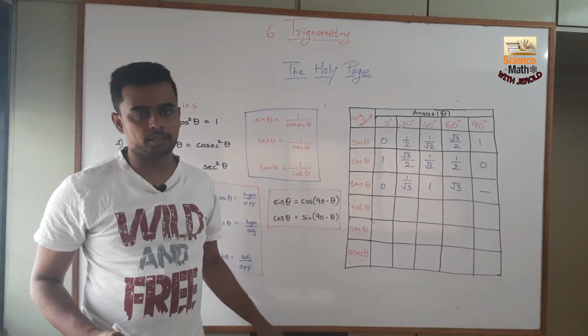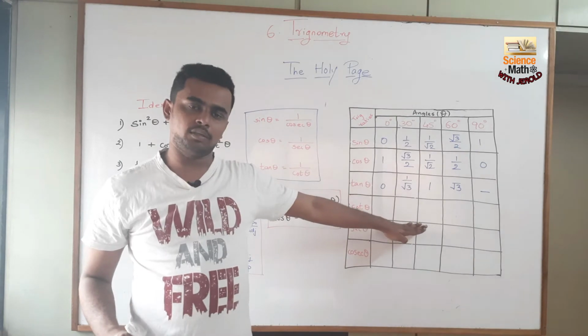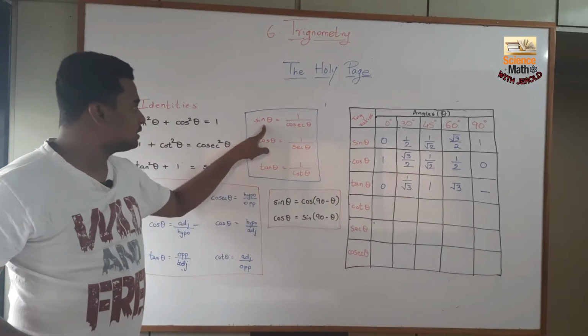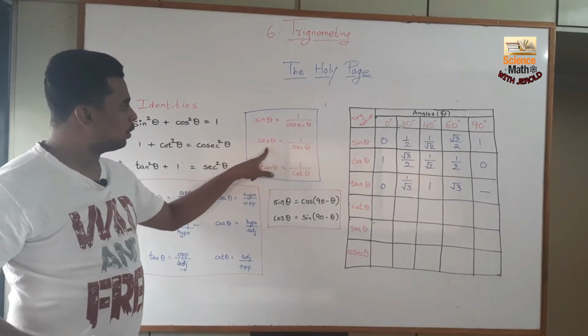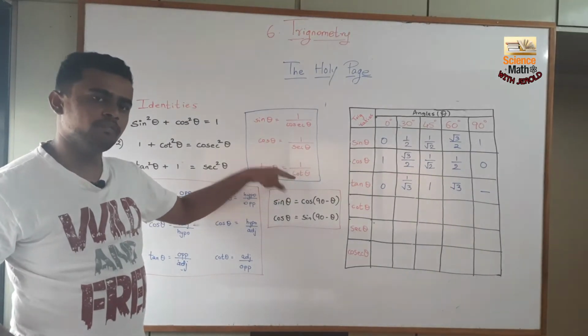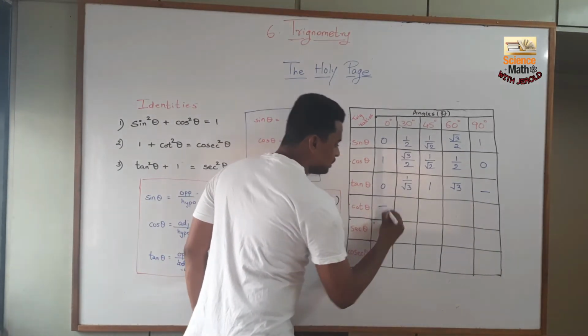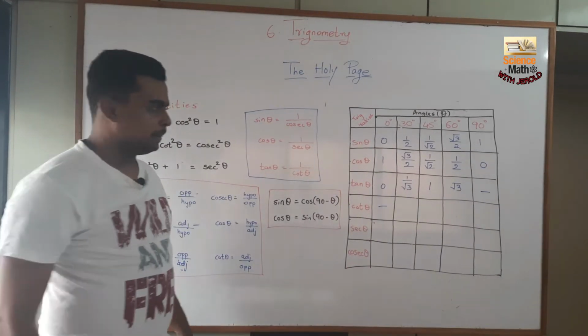Next, we go to cot theta. Cot theta, as we know, is opposite of tan theta. You see here, sine is 1 upon cosec, cos is 1 upon sec, and tan is 1 upon cot. So cot will be opposite of tan. So if I have 0 here, opposite of 0 is not determined.